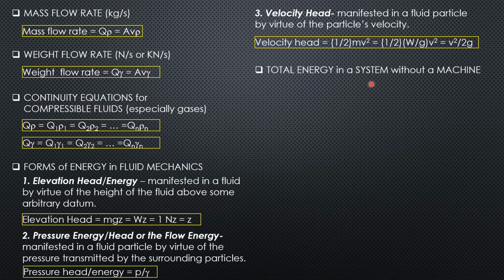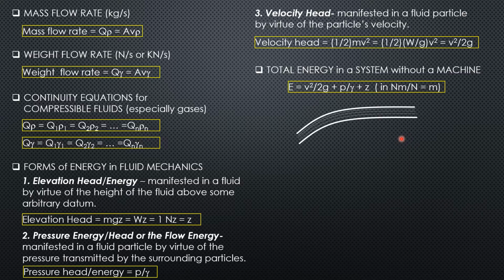So the total energy in a system without a machine, therefore, is E, and it consists of velocity head, pressure head, and the elevation head. And that should be in Newton meter per Newton, which results to a unit of meter only. So if this is the pipe or stream, then we have a point here and we have an arbitrary datum.